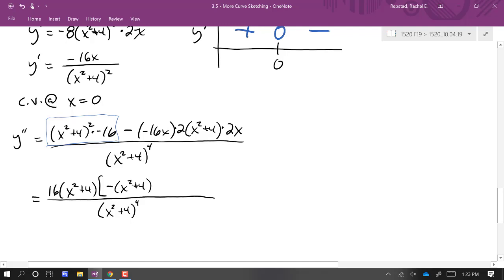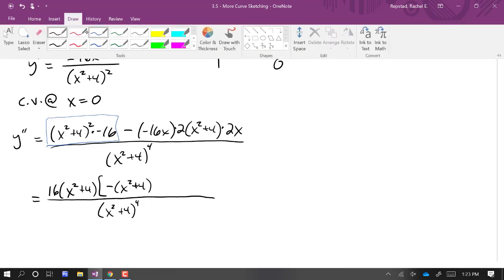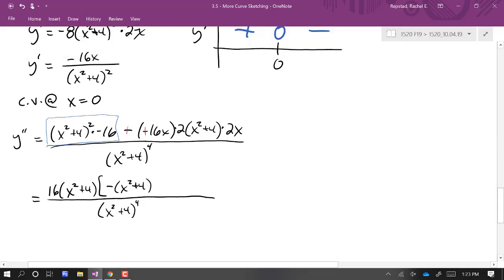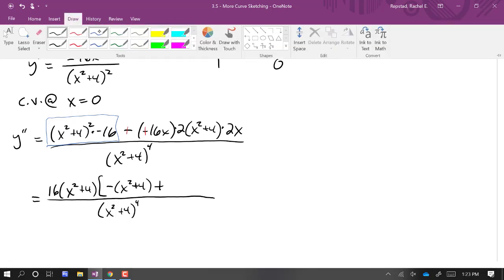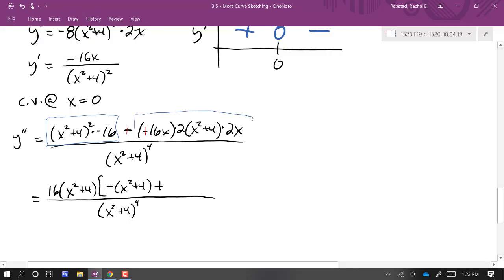Good. I'm going to go ahead and just make these both positive. We're subtracting a negative, so I'm bringing that plus down. And then, what do we need in order to get us to that product? 4x squared, because that was a 16x.